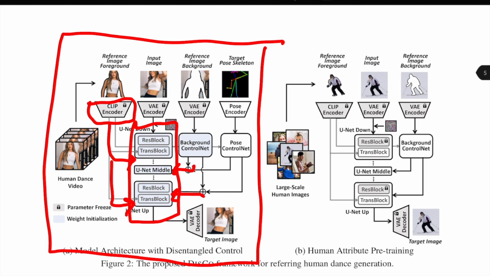We were able to use a series of static images, and that was highly advantageous because there are so many more static images rather than videos. So this allows very large scale human image training to separate the foreground and background images, and allows you to have many fewer videos in your training set.